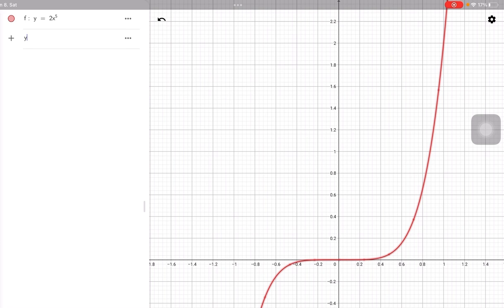For example, y equals 2x to the power 8. As you see here, there is the even and odd case, but I can use, for example, 9 this time. As you see, it is wider, because in this case, if we put a very small number for x, y will be almost equal to, closer to 0.